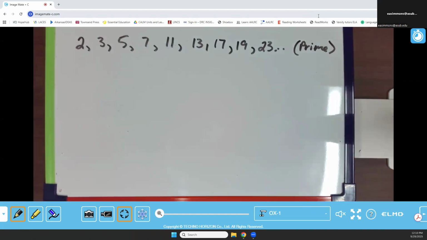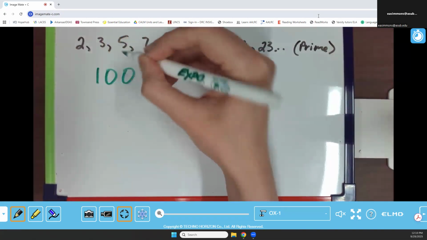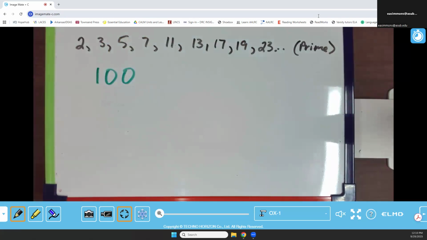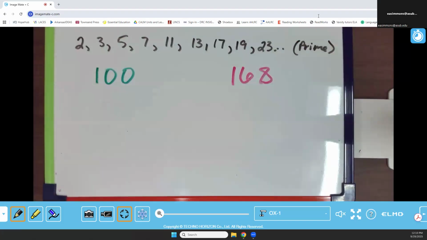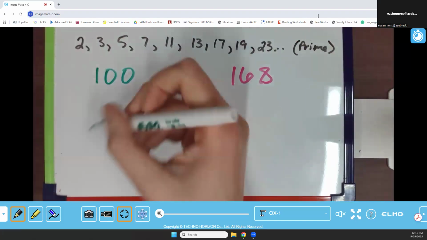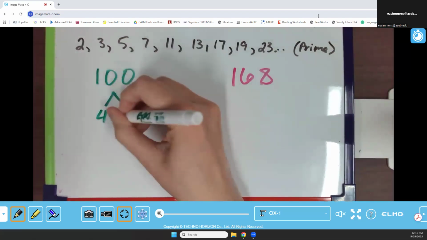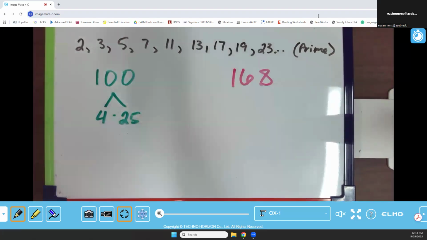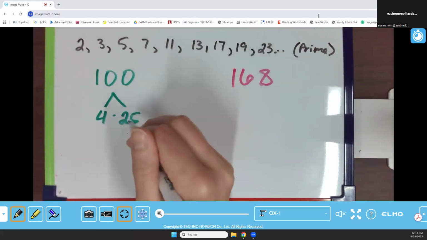Let's compare 100 and 168. Got 100 and 168. We're going to factor these out. 100 could break down into 4 times 25 or 10 times 10. 4 and 25 are both composite numbers.